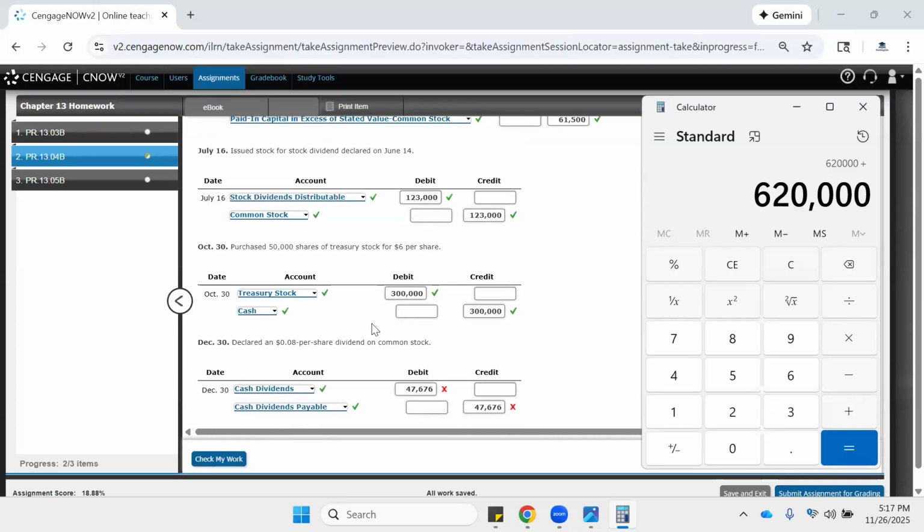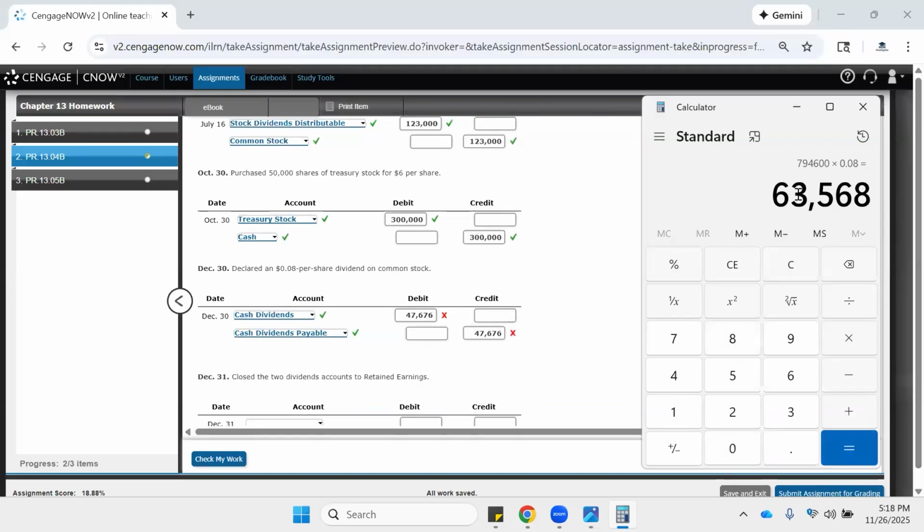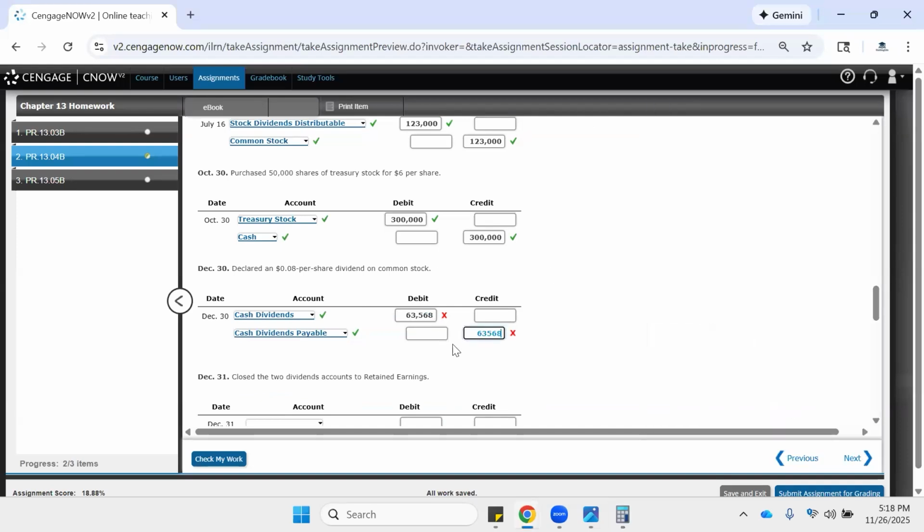Then we have to add the 200,000 in shares that we issued, add the 24,600 in shares issued as a part of the stock dividend, subtract the 50,000 shares of treasury stock that we bought back recently, multiplied by 8 cents, and we get the dividend amount of 63,568.